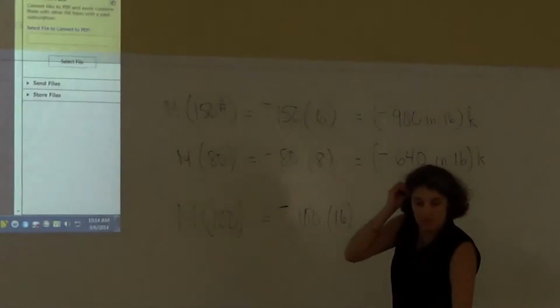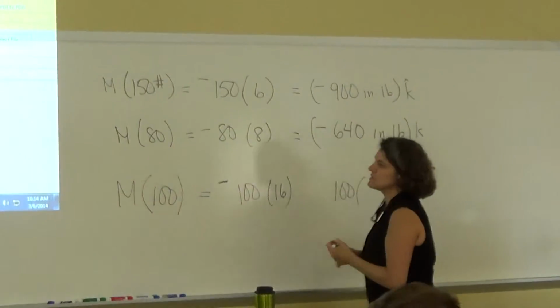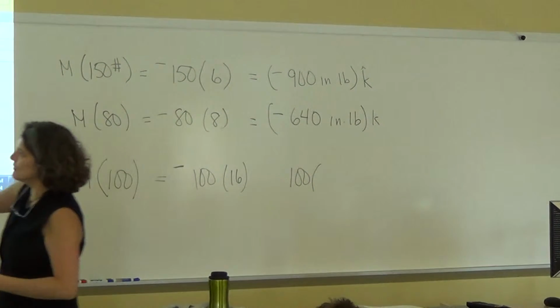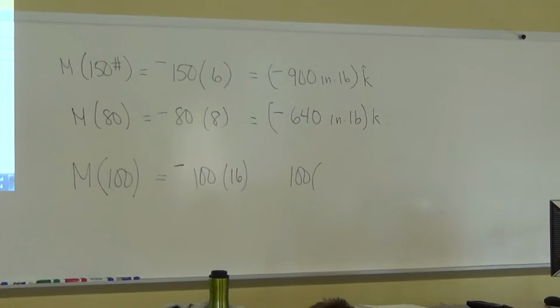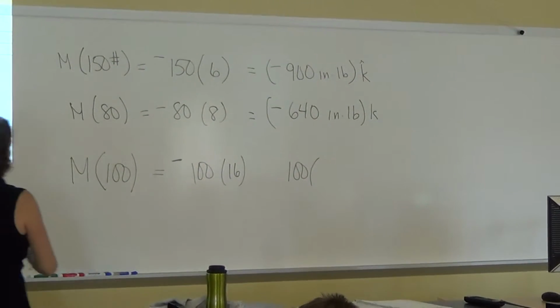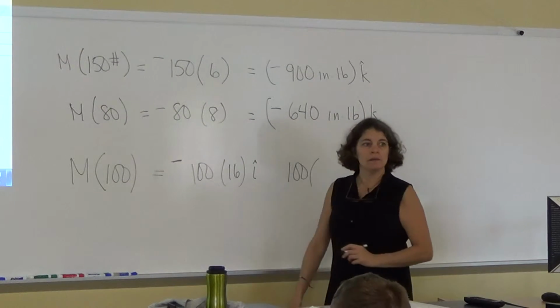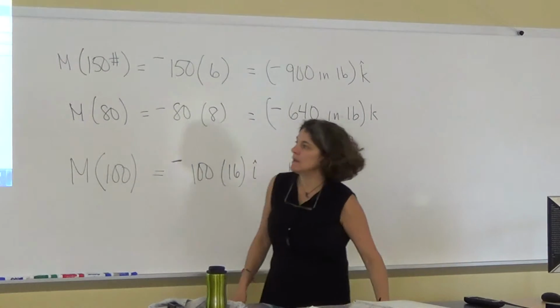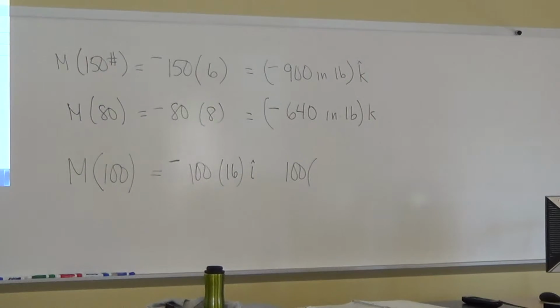So 100 times 16, and then we have a 100 times 12. 12, right? Because if we're looking at this being in the z direction, we're trying to find the moment about the y. Here's the axis.